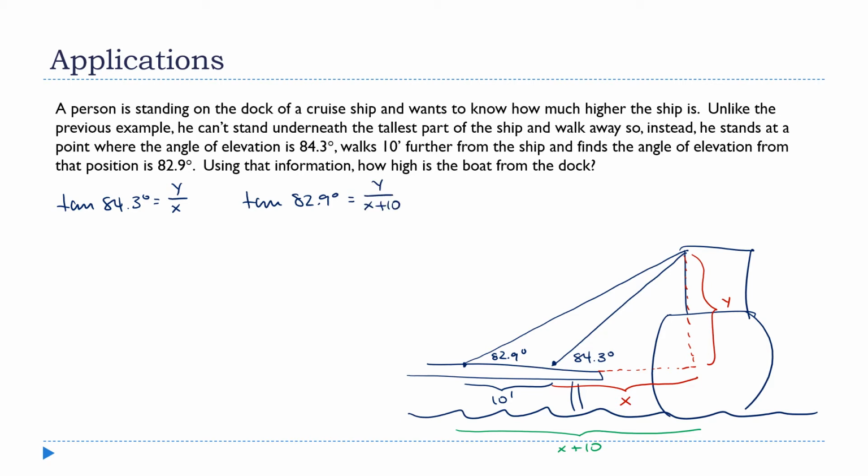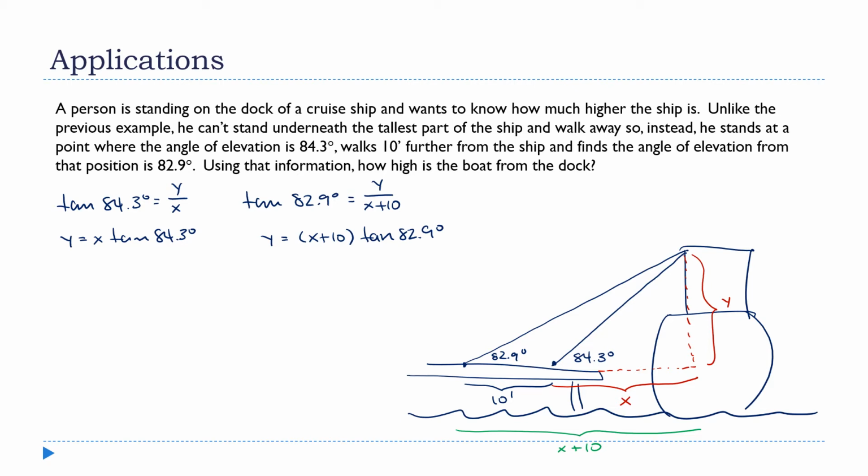Let's solve both of these for y. The first equation says that y equals x tangent 84.3 degrees. The second equation says y equals x plus 10 times the tangent of 82.9 degrees.